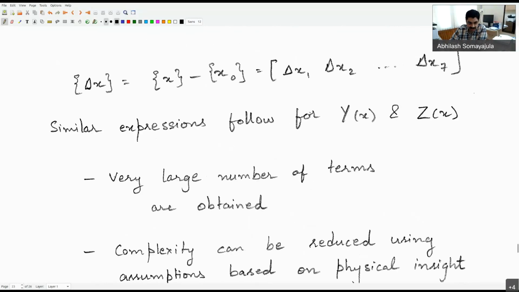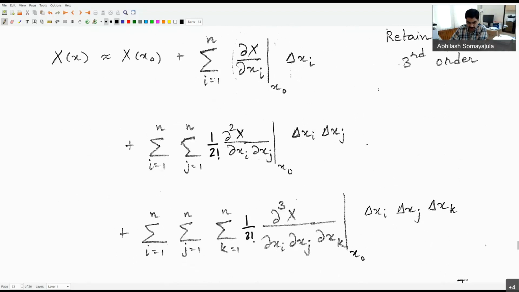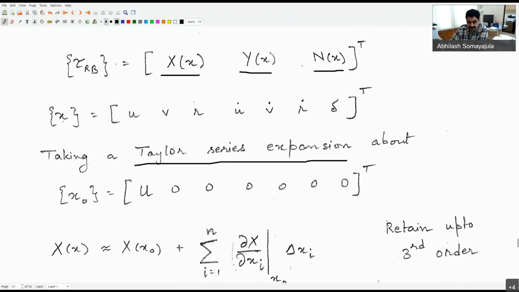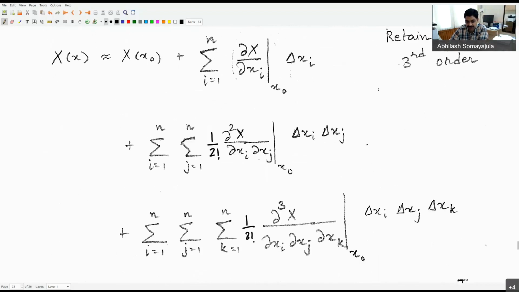So in which case, you will see that the actual number of terms will be huge, because I have here 7 different things on which it can depend: u, v, r, u dot, v dot, r dot, and delta. And I'm taking a Taylor expansion, first order, second order, and third order with respect to all those terms, which means I'll get 7 terms here, 7 times 7 terms here, 7 times 7 times 7 terms here.